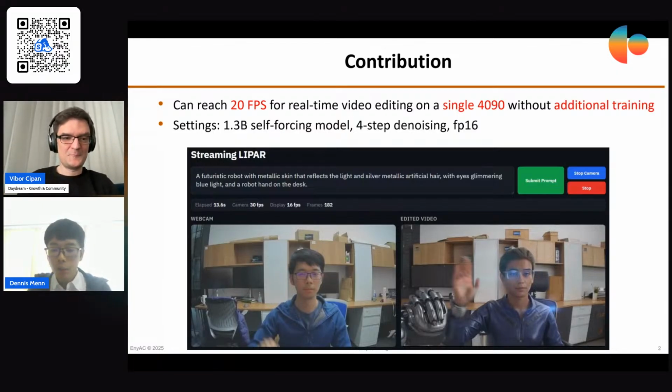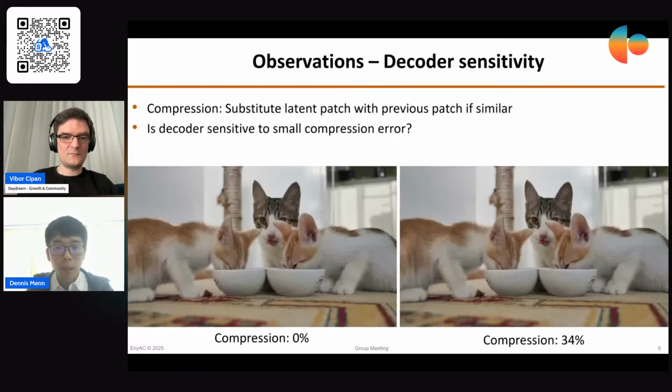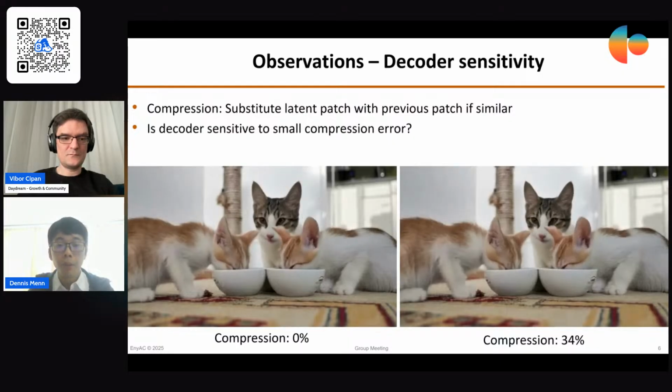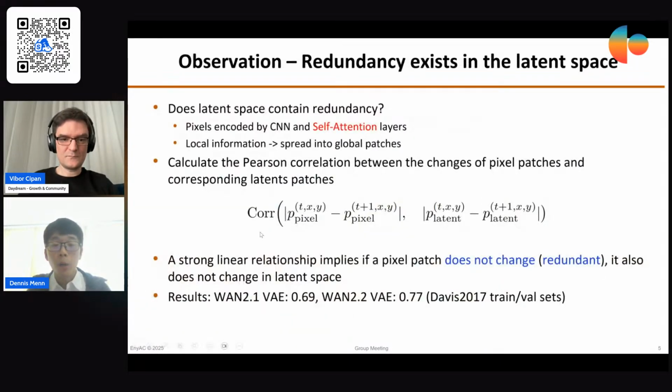That's an excellent question. To answer your second question, we know it might work after we perform these two experiments. We calculate the correlation of the changes in pixels versus the changes in latents. We found there's a strong linear correlation, which means that if the pixels in a patch are still, it translates to a still patch.